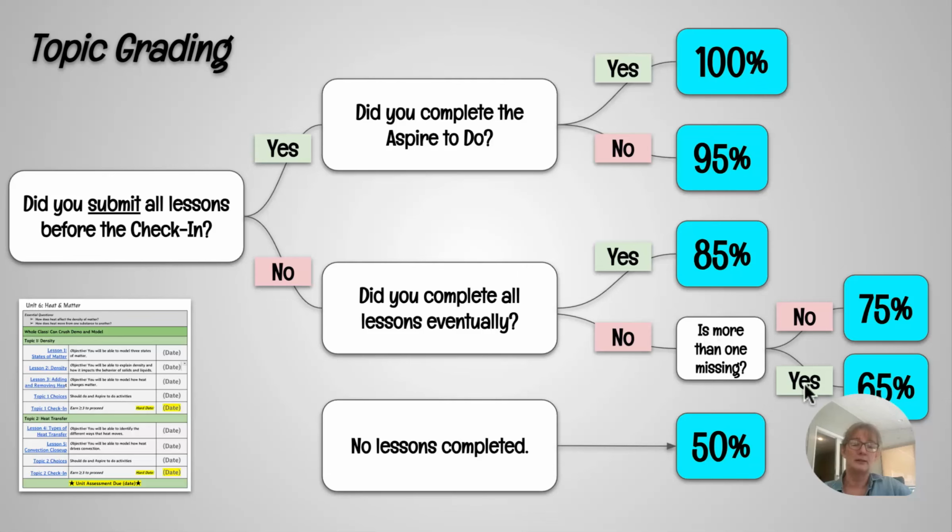Or if, hopefully this never happens, but it's here on the chart, there's still more than one missing, that's a 65. Finally down here, if nothing ever is submitted, then that's your 0 or 50%.